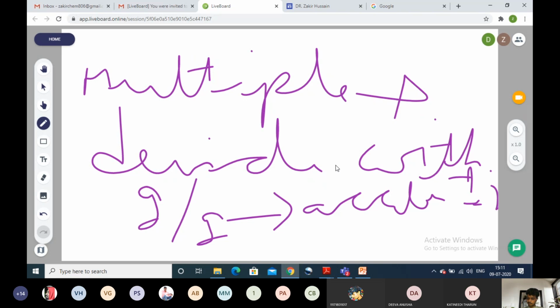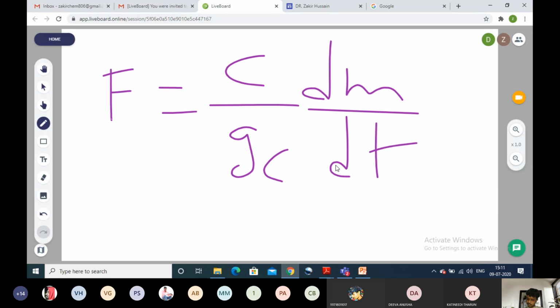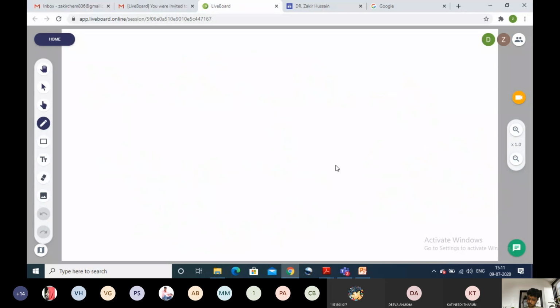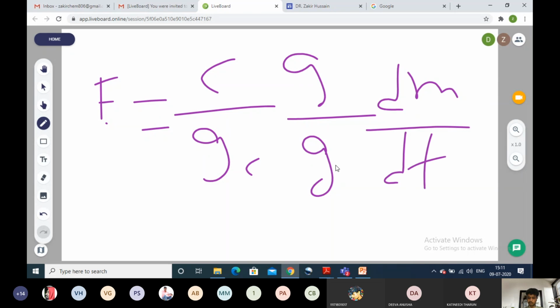The difference between the two may be noted. Gc is a gravitational constant, whereas g is an acceleration due to gravity. So in this equation we need to multiply and divide with small g. F is equal to c by gc, already there, we multiply and divide with small g, and the change in mass with respect to time is there already.